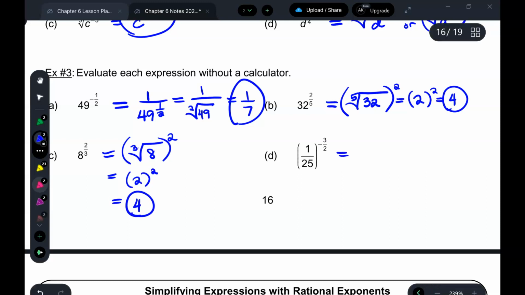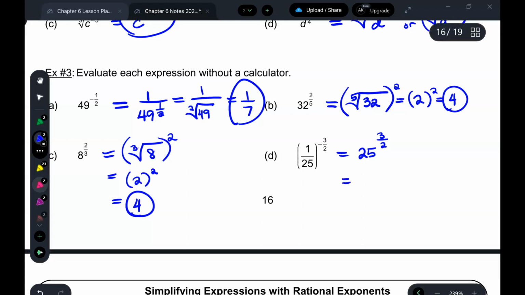All right, 1/25 to the negative 3/2. First thing I want to do is change that to a positive 3/2. So take the reciprocal. You don't have to change the sign. Just change 1/25 to 25 and make it a positive 3/2.